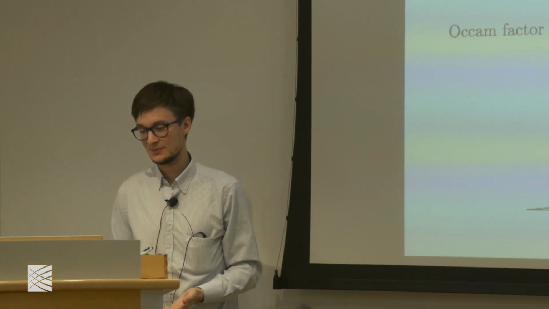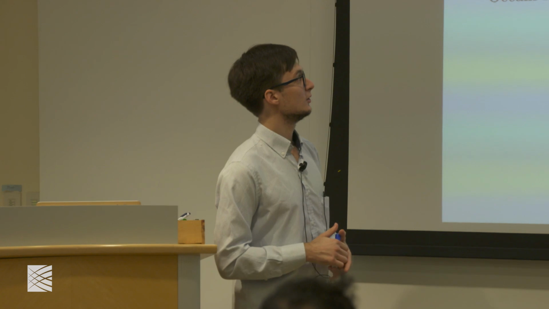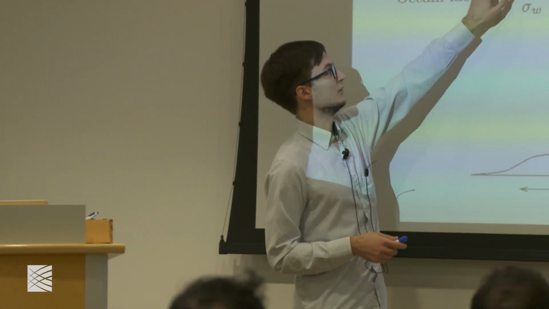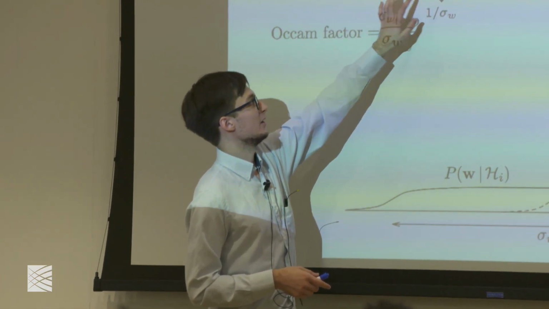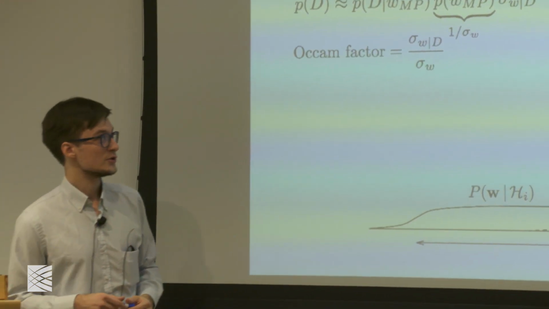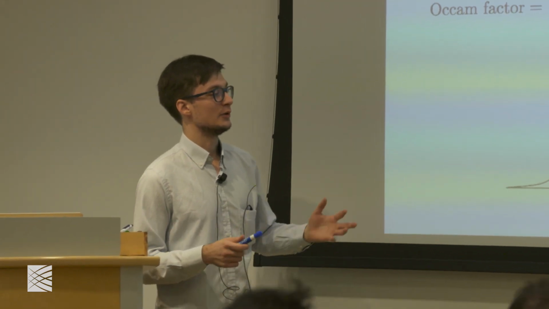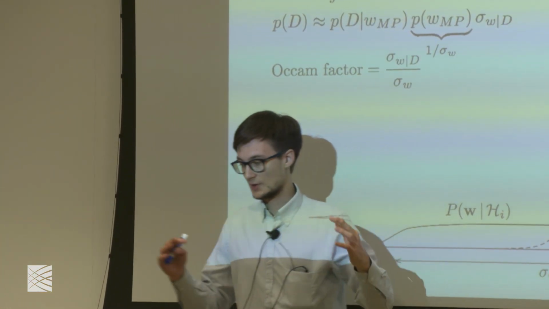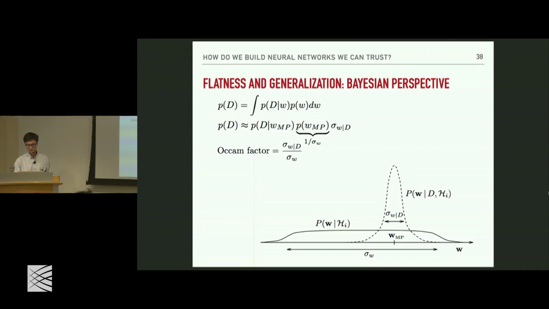So it means that if we have two different solutions that correspond to the same value of the loss, so they have similar values for the product of our prior and likelihood, or regularizer and loss, then we would prefer the solution that corresponds to a wider optimum.